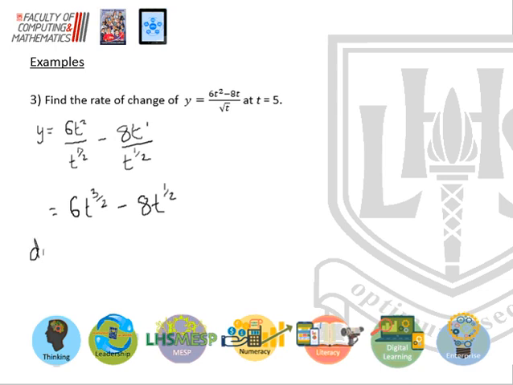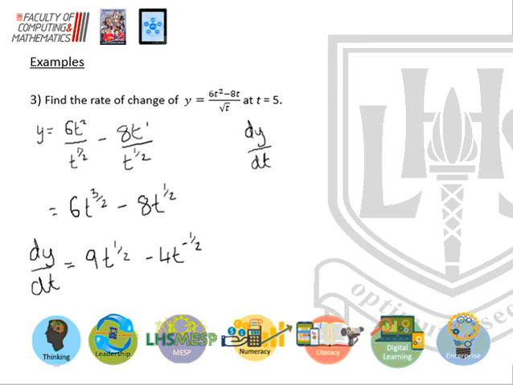So dy by dt in this case, because it's y equals and it's in terms of t. 3 halves times 6 is 9 t to the power of a half, minus half of 8 is 4 t, and then minus 1 over 2. Okay, so let's just tie that up a little bit before we use it.